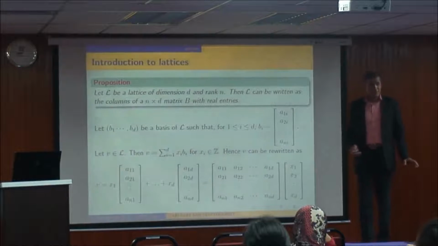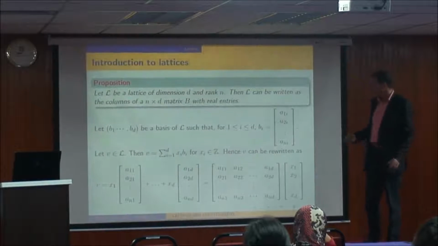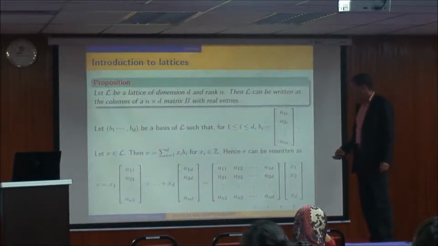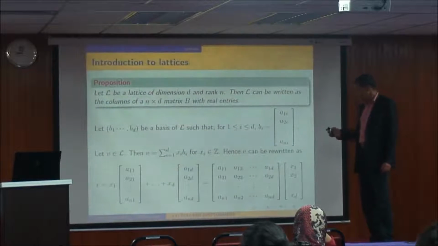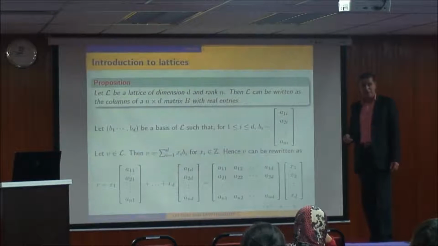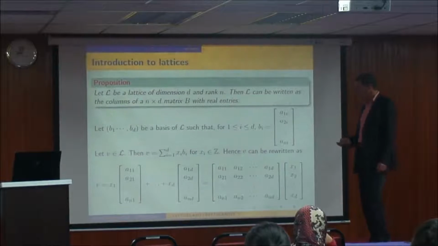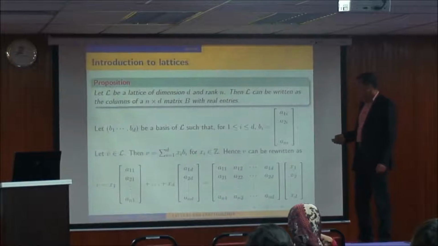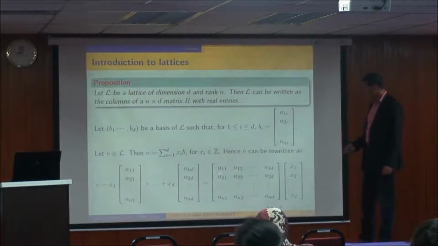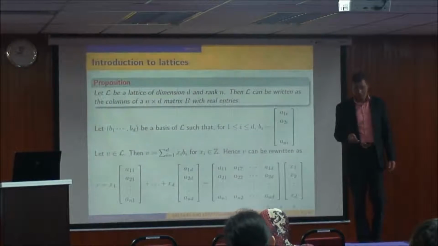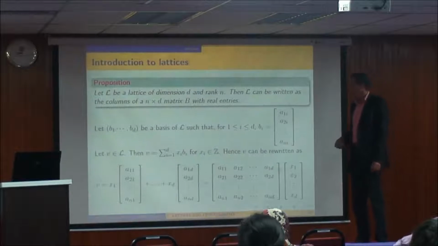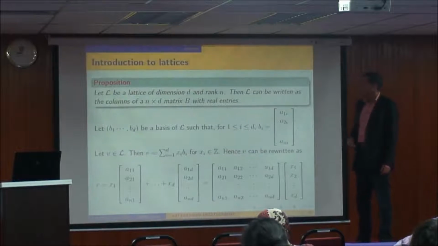So every lattice is determined completely by a matrix. If you have a lattice, you can find a matrix, and conversely, if you have a matrix whose vectors are linearly independent, you can find a lattice.